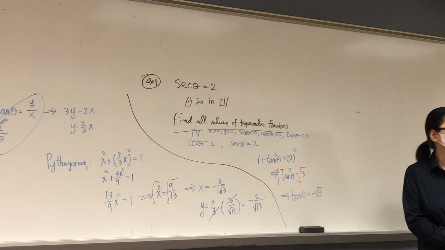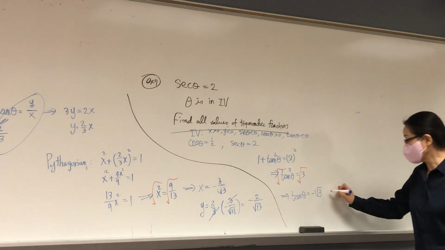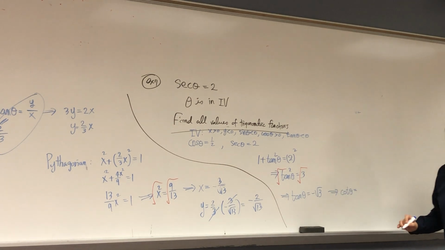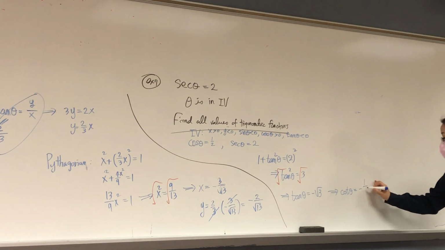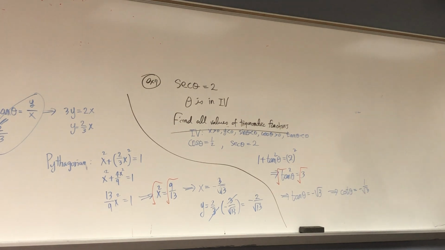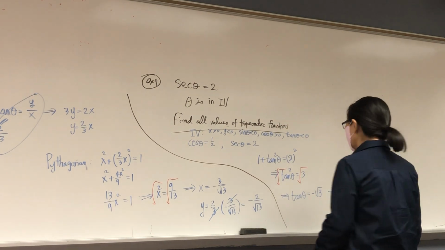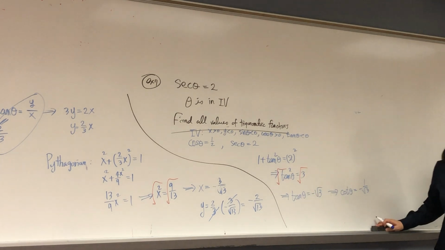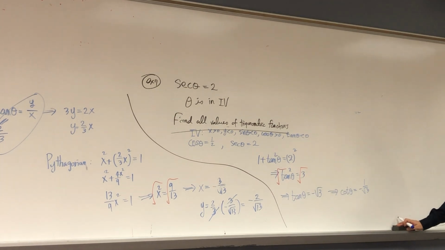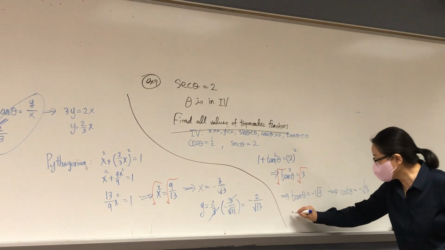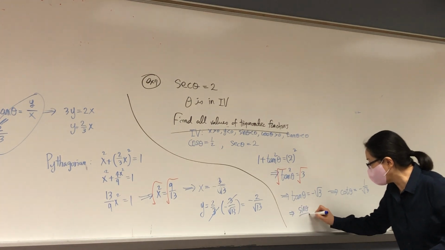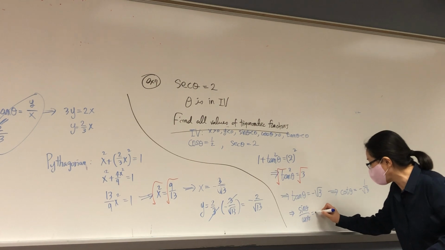From here, you know that what is cotangent theta? Negative 1 over square root 3. So now what do you need to do? Sine. So how do you figure out sine? Tangent equals sine over cosine. So from here, tangent is sine theta over cosine theta equal to negative square root 3.